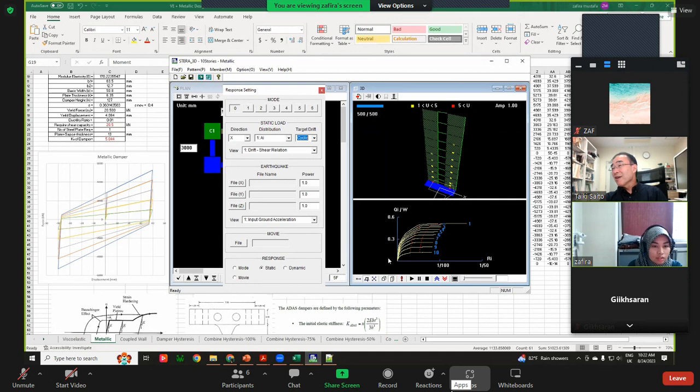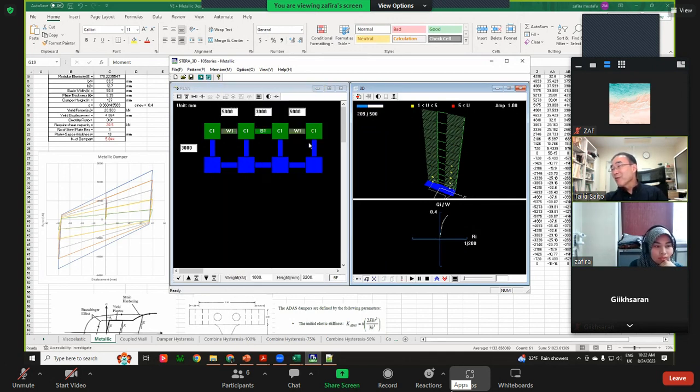Both results are elastic. The coupling beam is elastic, so that's why both results are the same.